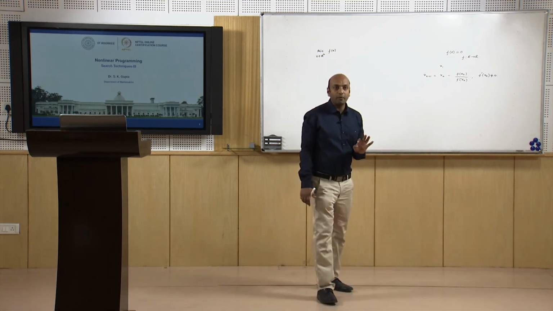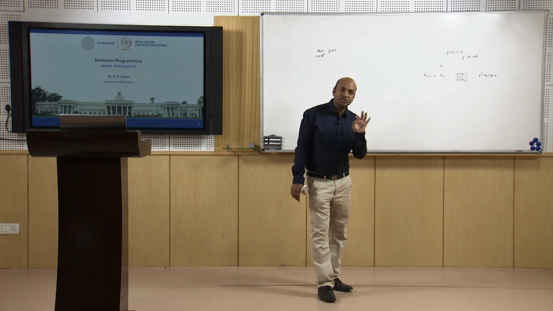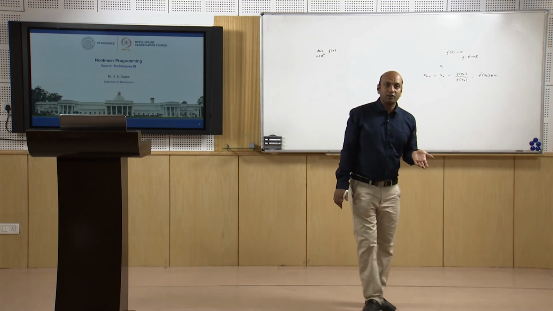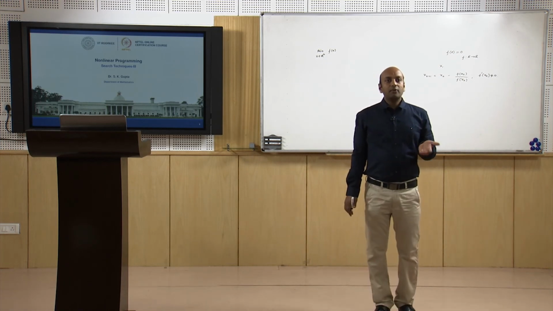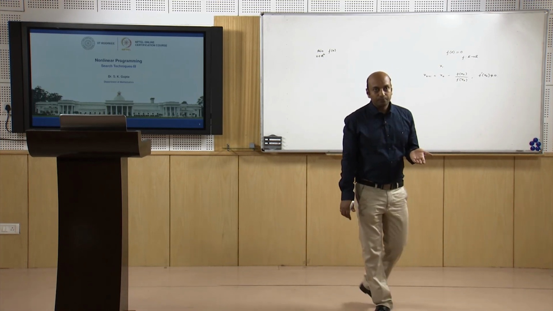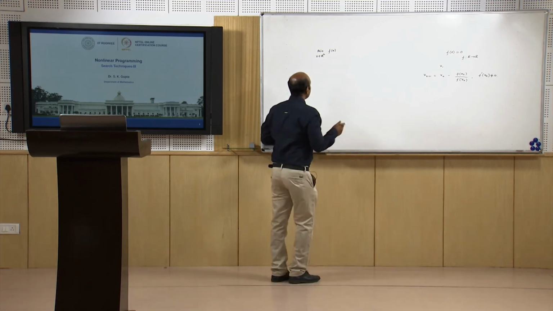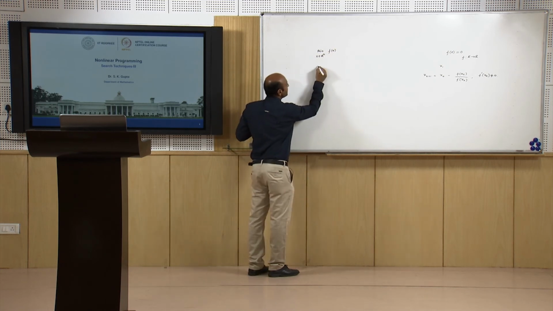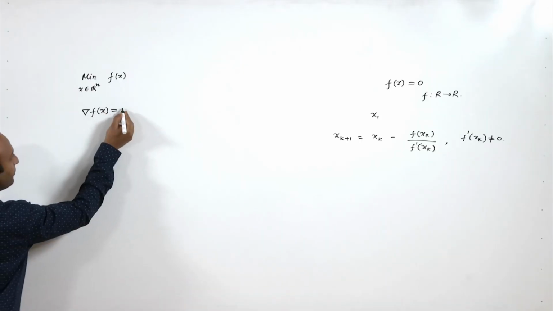Those are the stationary points where the function will take a maximum or minimum value. So, if this function is differentiable, to find the point where it attains its maxima or minima, we are basically interested to solve gradient of f(x) = 0.